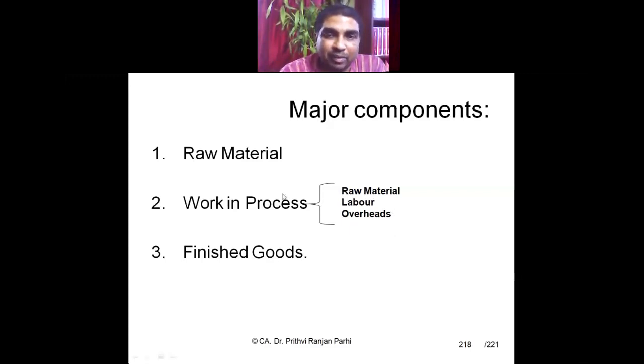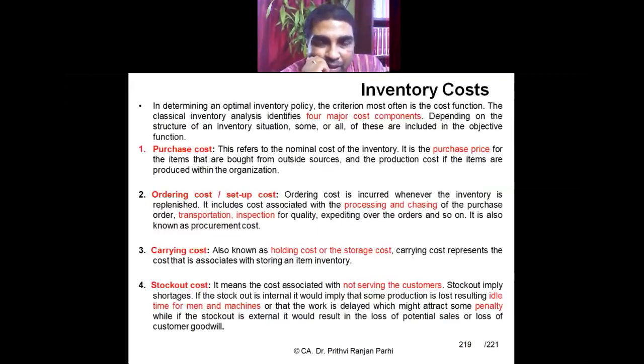When we are calculating the value of the WIP, we use all these things: how raw material is to be valued, labor and overhead added. And inventory also consists of finished goods. And these are the costs involved in inventory management: purchase cost, ordering cost, setup cost, carrying cost, stock out cost.